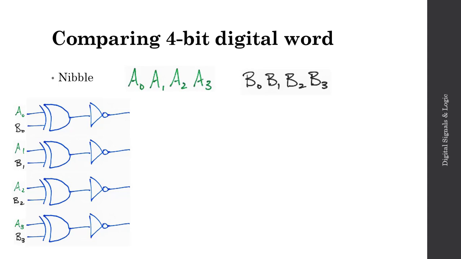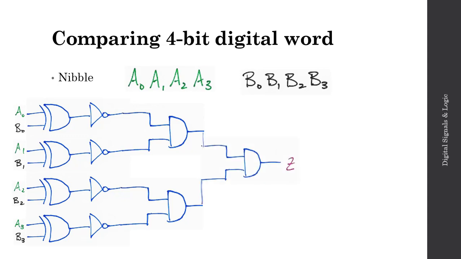And in the case where I have a dual input logic gate, I'll need to compare the output of each XOR in series with the inverter. So I'll add an AND gate here that'll compare the output comparing A0 to B0 with A1 to B1. And I'll add a second AND gate here to compare the output comparing A2 to B2 and A3 to B3.